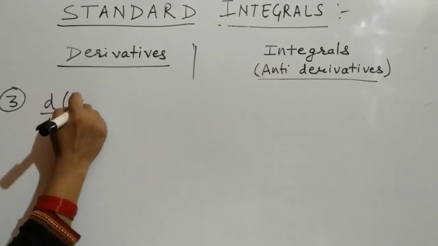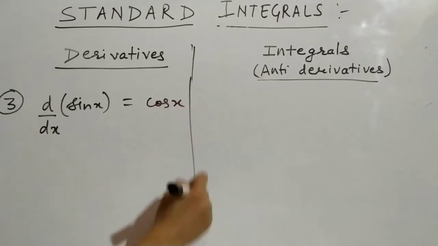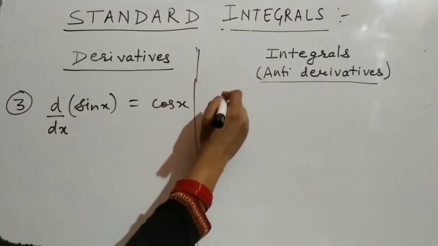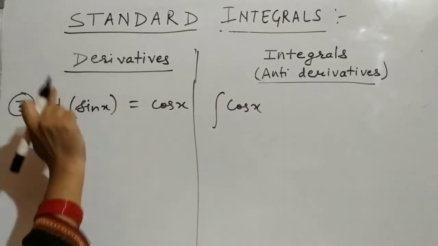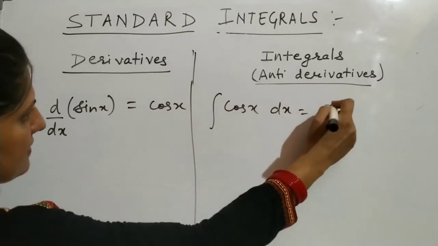Now we know that derivative of sin x is equal to cos x. That implies integration of cos x is equal to sin x plus c.